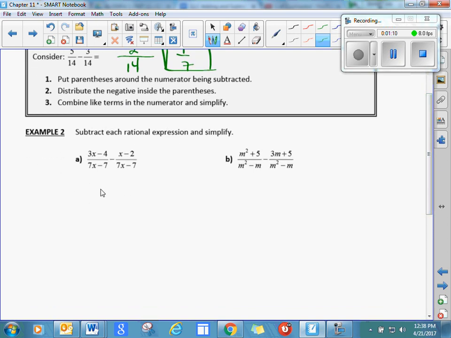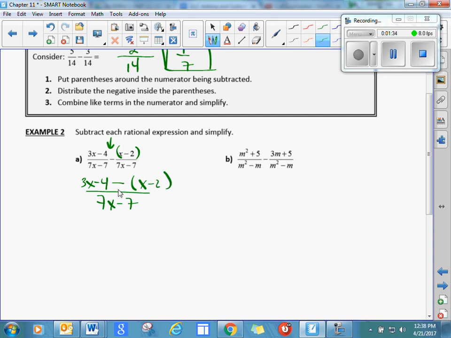So this is what it looks like. Single fraction bar, common denominator. 3x minus 4, that's all fine. This is a subtraction problem, so I am going to consider this x minus 2 with parentheses around it. And so I am subtracting the ghostly 1 times the x minus 2.